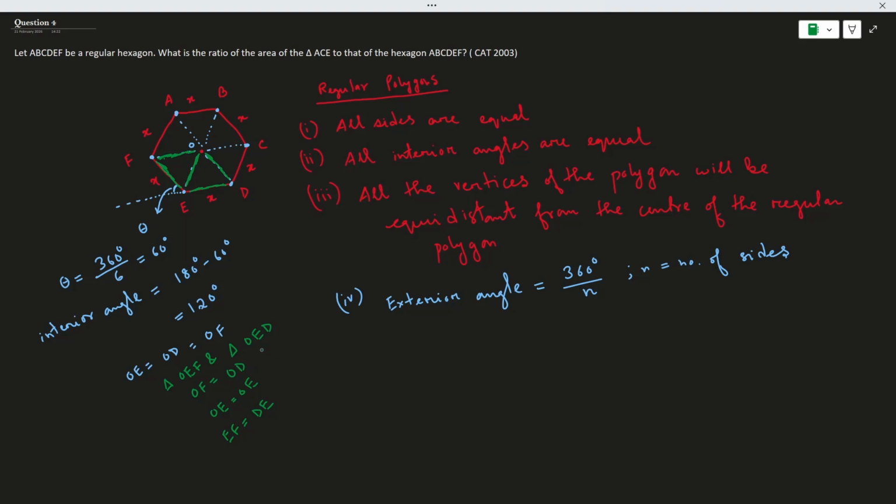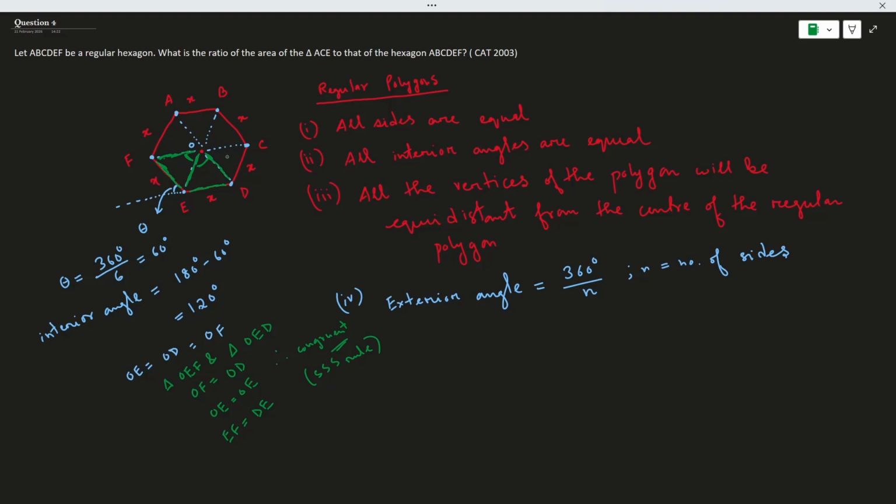So the triangles are congruent. Therefore, the two triangles are congruent using the SSS rule. That means this angle will be equal to this angle.